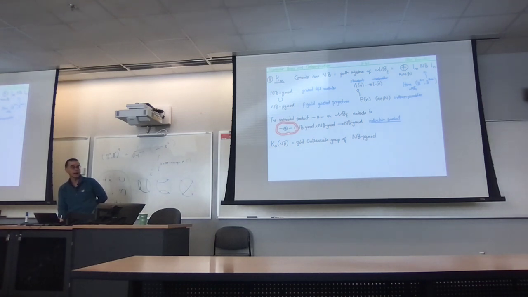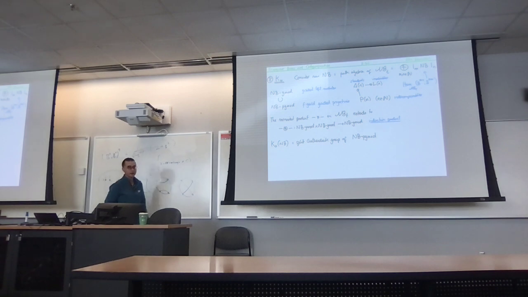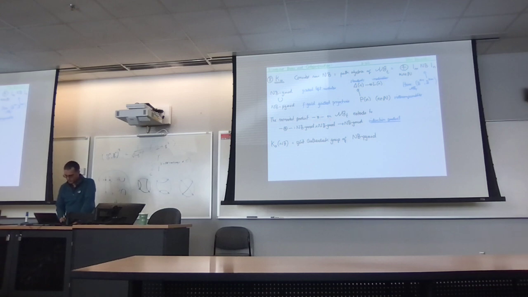You can call it Day convolution or some sort of convolution product, it's got lots of different names. I talked about the definition a little bit on Friday. You think about the monoidal product as giving you an algebra homomorphism from NB tensor NB to NB, and then you induce along that algebra homomorphism, and you get the induction product on the graded module categories. So it makes that into a monoidal category.